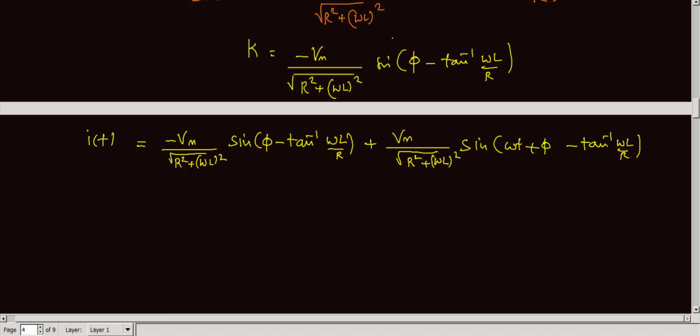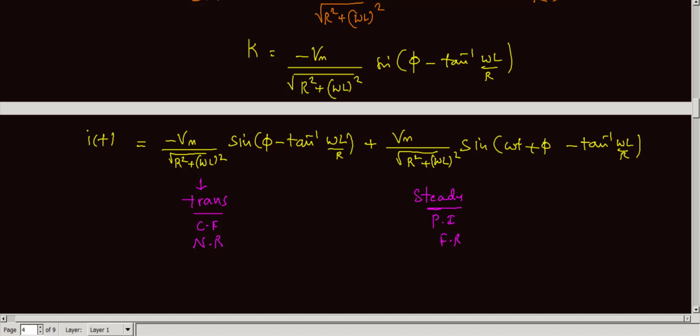You can see this is the transient response and this is the steady state response. This is the complementary function, this is the particular integral. This is the natural response, this is the forced response.